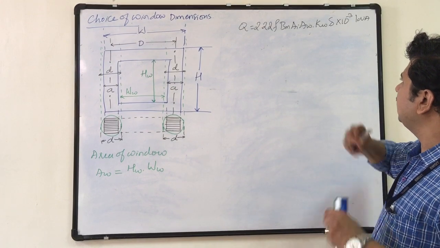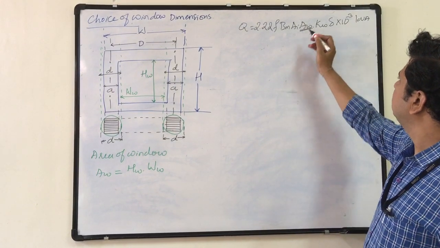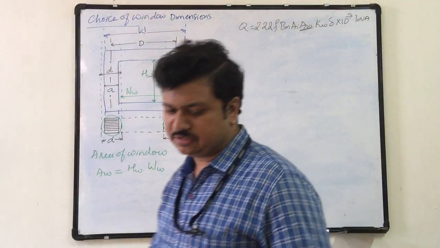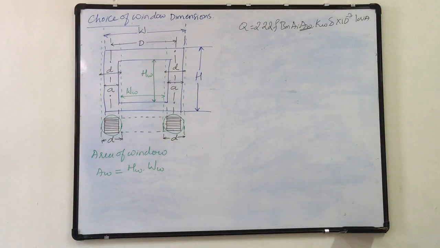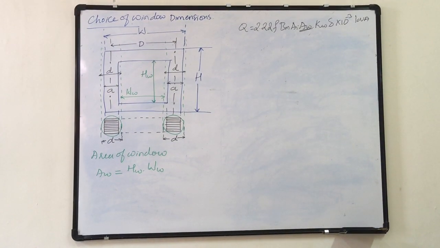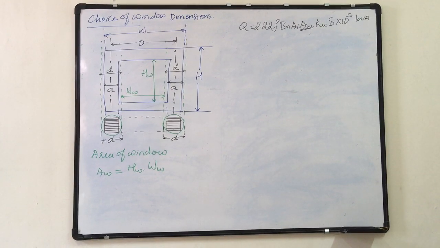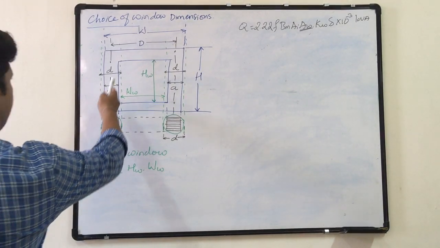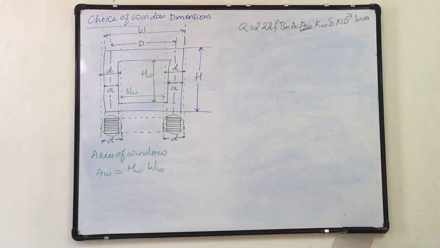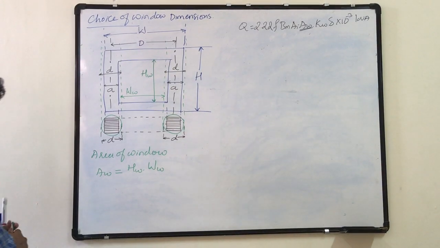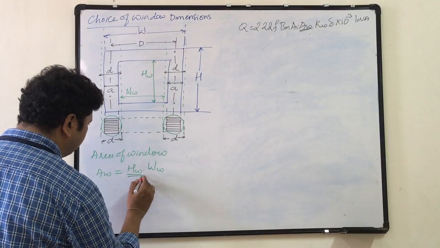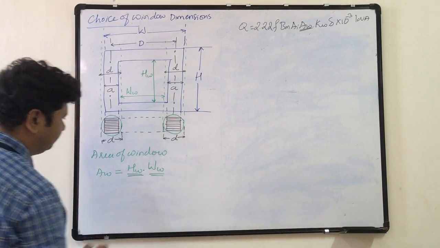Now I will be calculating this area of window from the output equation, which is one of the main dimensions of the transformer. After calculating the area of window, I will know the area, but I will not know the dimensions of that window. Area of window is given by height of window multiplied by width of window.